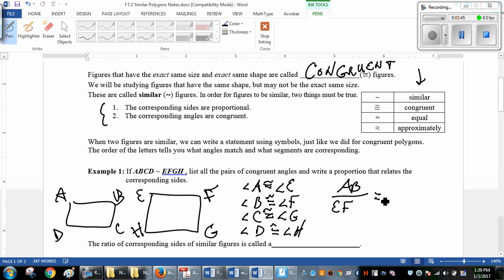And that's equal to, now I can pick any other sides. Now, since I started with A, B, C, D on the top of my ratio, I've got to start with that on the second ratio. So now this is going to be, let's go to AD. And the side that corresponds to AD in my other quadrilateral is EH. There's a proportion, and that's how we're going to set it up. Notice how consistent we were setting those up with our corresponding parts.